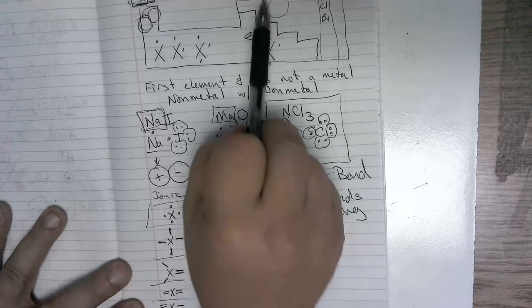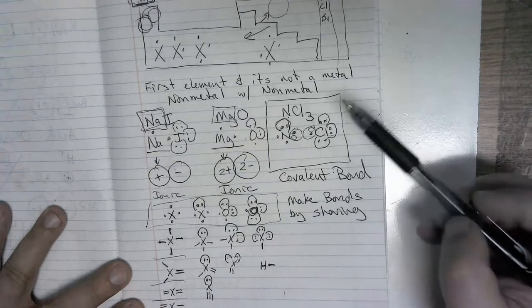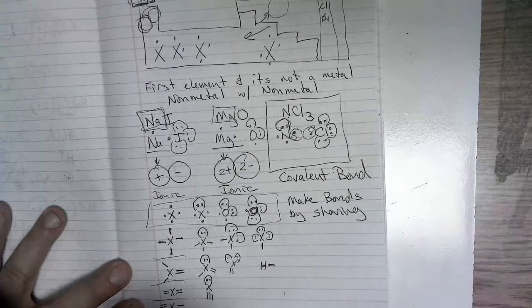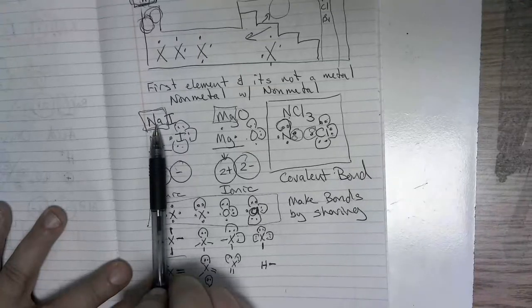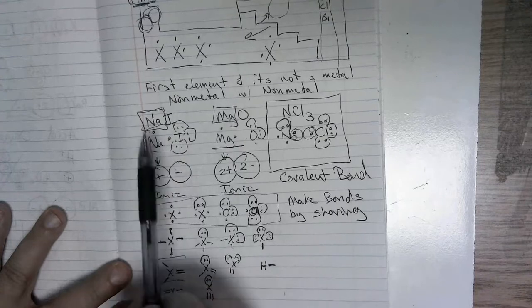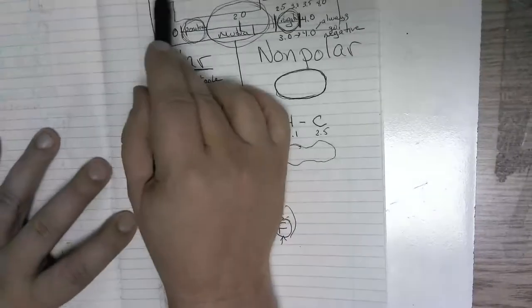It's 2 elements above the stairs together. And the easiest way to know it's covalent is just to check. Is the first guy a metal? If it is, you're dealing with ions. If it's not, we've got to build the molecules and figure out then if it's polar or nonpolar.